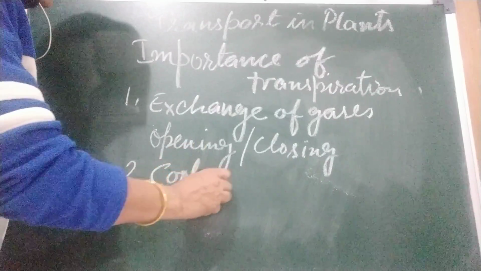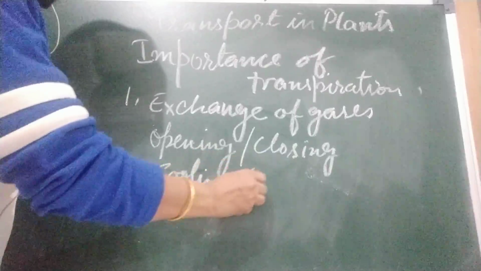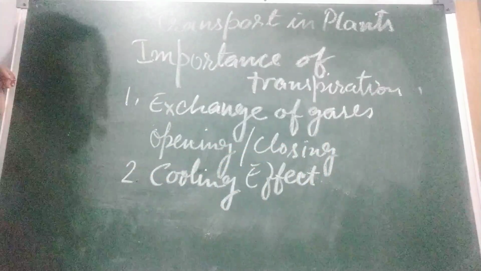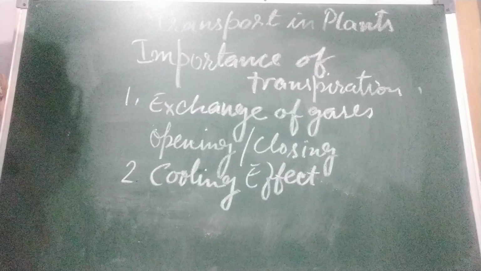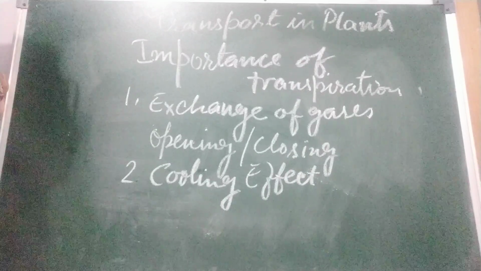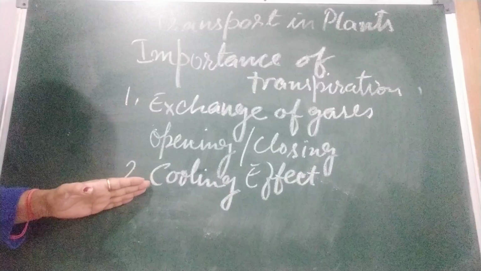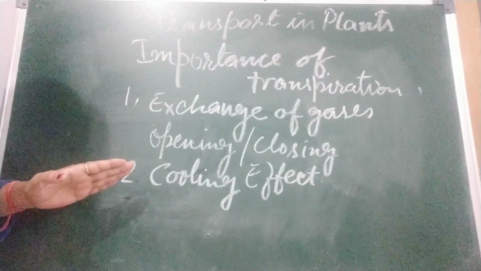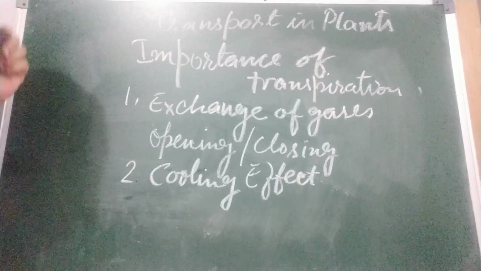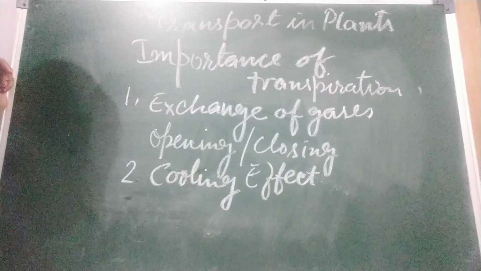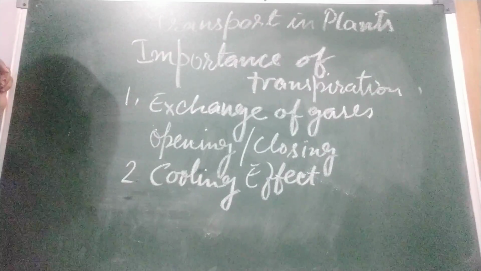Children, transpiration is water vapor going out, and it keeps the environment cool. When more trees are around you, that place is cool. The evaporation of water vapor during transpiration brings down the surface temperature of the plant, thereby cooling it.